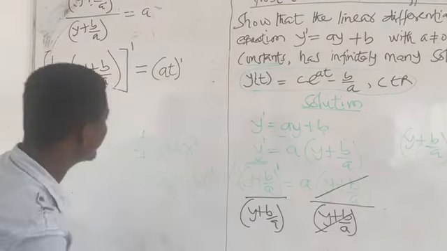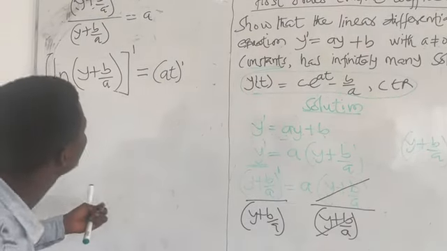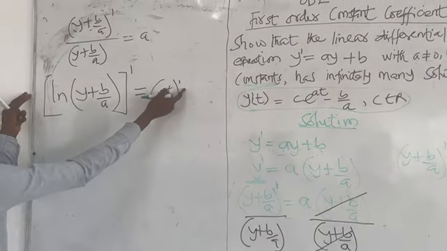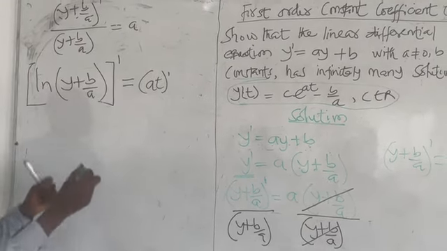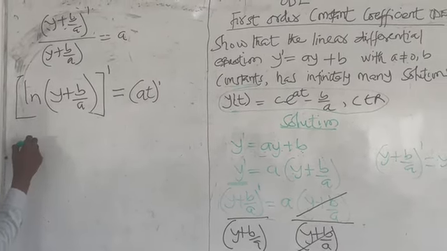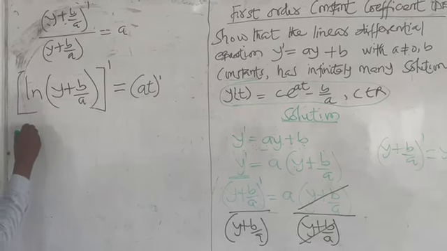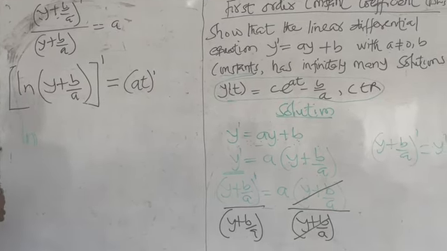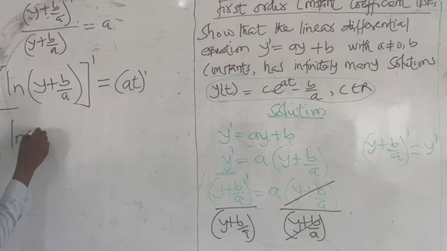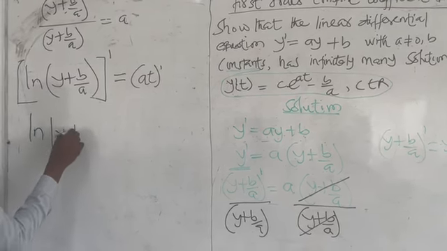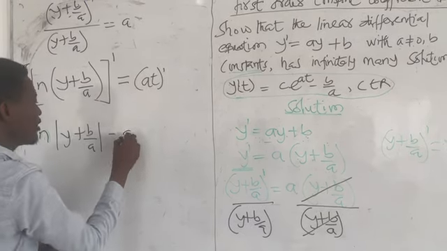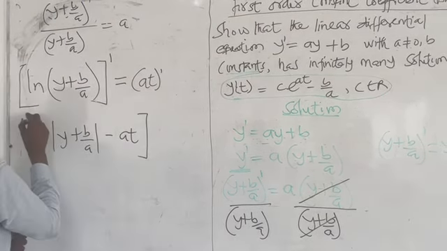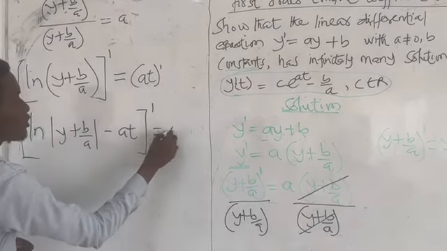So we can employ the same idea here, so that we bring everything to the left-hand side and find one total derivative of it. So you can write this one as the derivative of ln of y plus b over a minus at, all derivatives equal to 0.